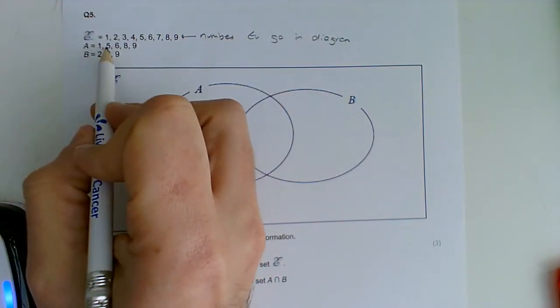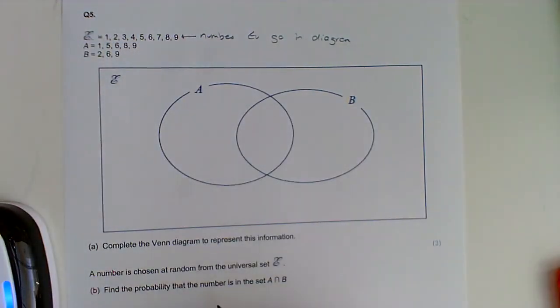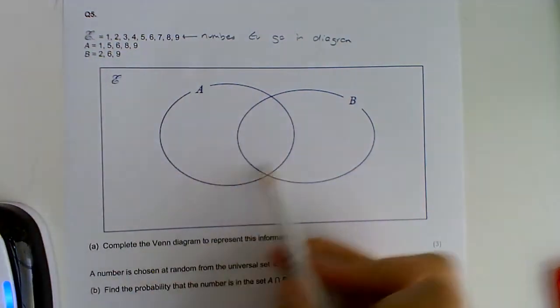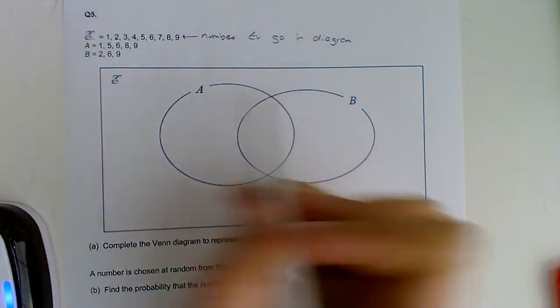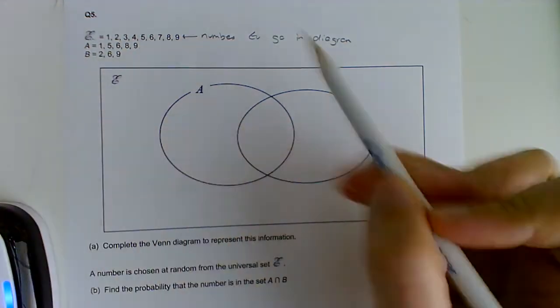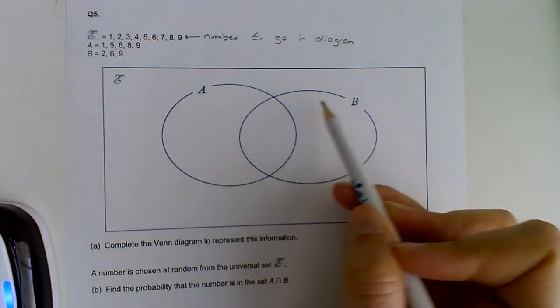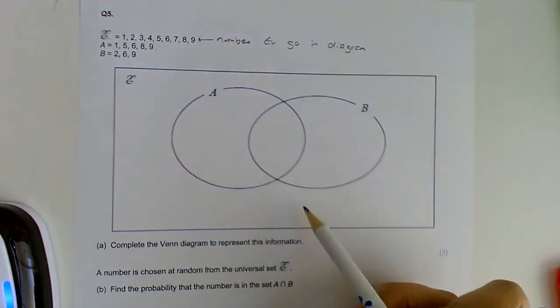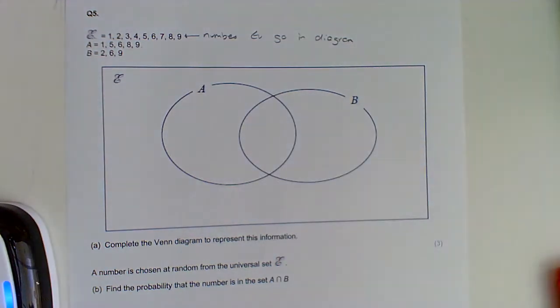So the numbers 1, 2, 3, 4, 5, 6, 7, 8, and 9 need to all appear in a diagram somewhere. Circle A represents the numbers 1, 5, 6, 8, and 9. Circle B represents the numbers 2, 6, and 9. So 1, 5, 6, 8, and 9 need to go in that circle. 2, 6, and 9 need to go in that circle, and whatever's left over needs to go on the outside. The intersection, remember, is the ones that go in both.